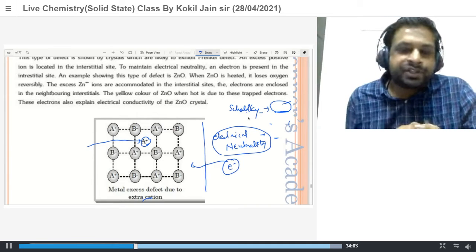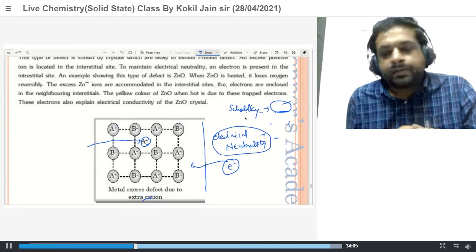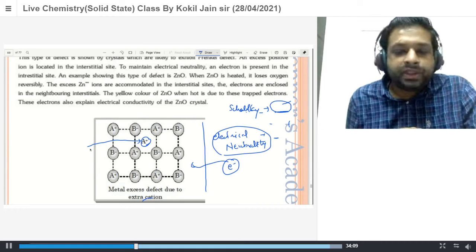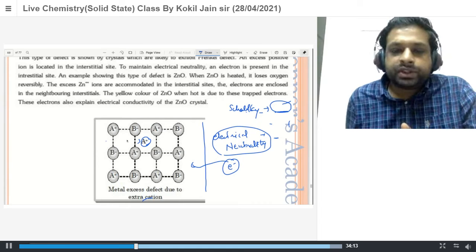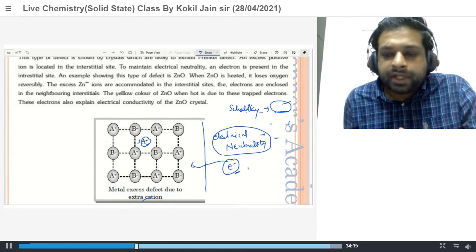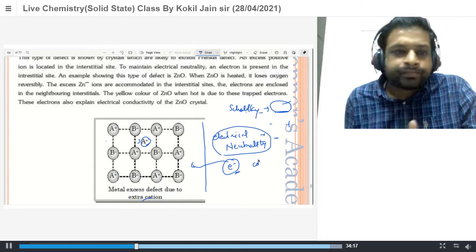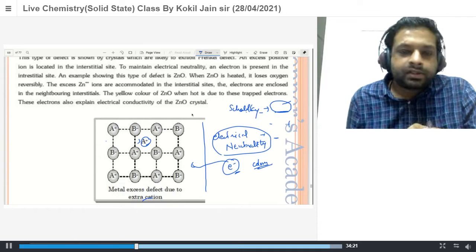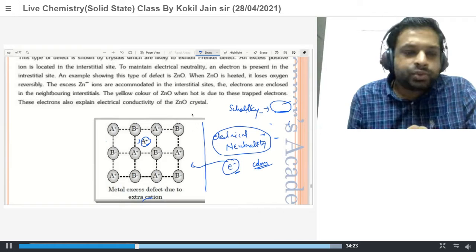Okay, interstitial site. Now, due to this type of defect, again, we are going to see color also. Now, what happens here is this actually is shown why.